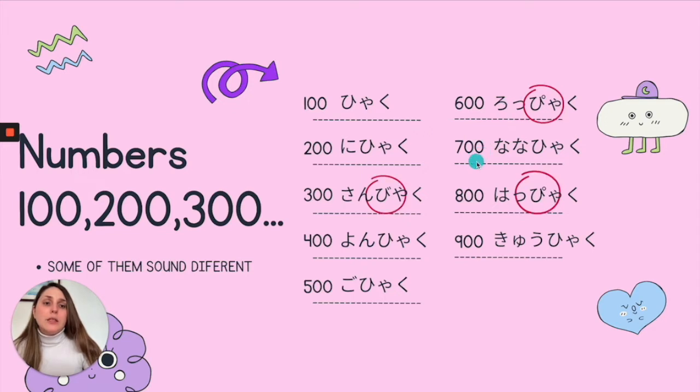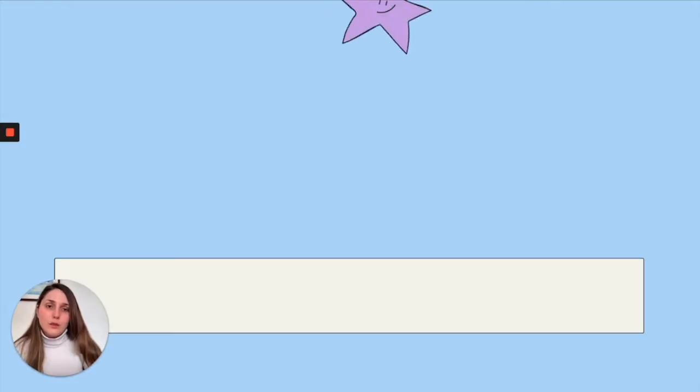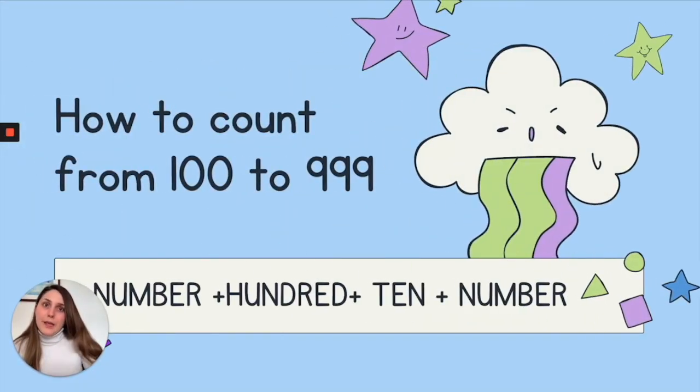Then 700, nanahyaku. 800 would be again a little bit different, happyaku, we pronounce it with a P. And 900 would be kyuhyaku. So you remember this: you would say the number plus hyaku, and we say 300, 600, and 800 a little bit differently.